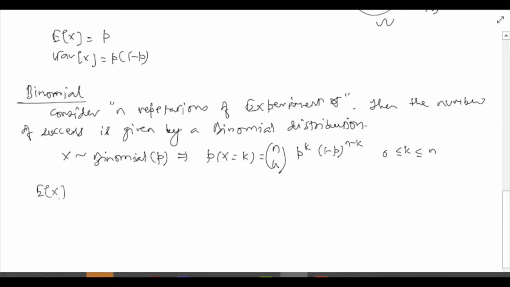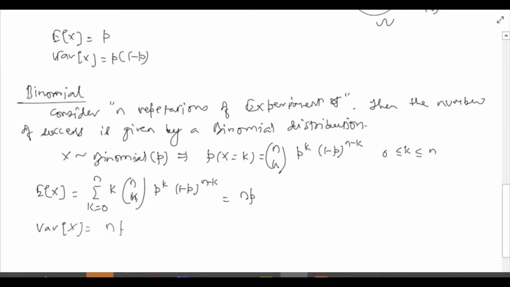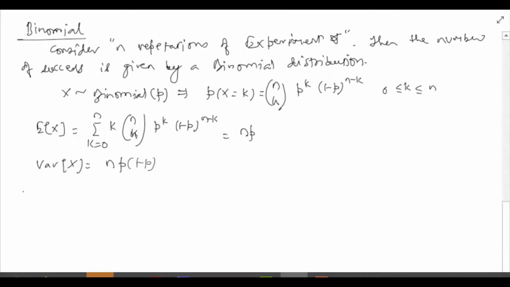To compute the mean of this random variable, let us observe that the expected value of X will be the sum over k equals 0 to n of k times n choose k, p raised to k, 1 minus p raised to n minus k. It can be easily seen that this summation is n times p. Similarly, the variance of X can be seen to be equal to np times 1 minus p. Let's consider an example.